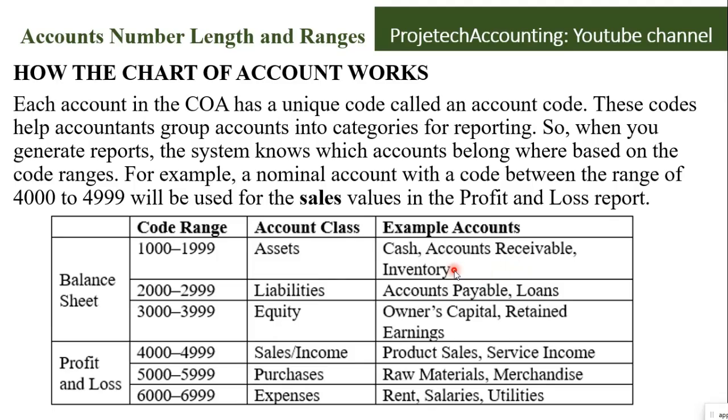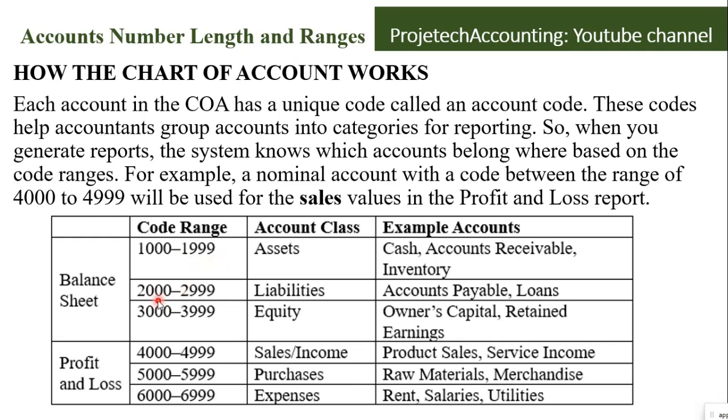So when you are creating a new account number in Sage 50 and you want that account to be an asset account, you can assign any number between 1,000 and 1,999. So that's what it means.